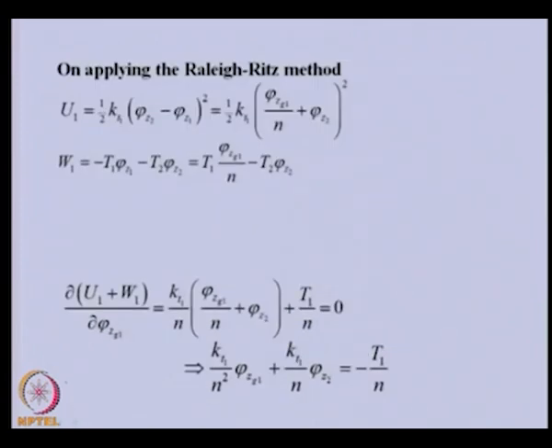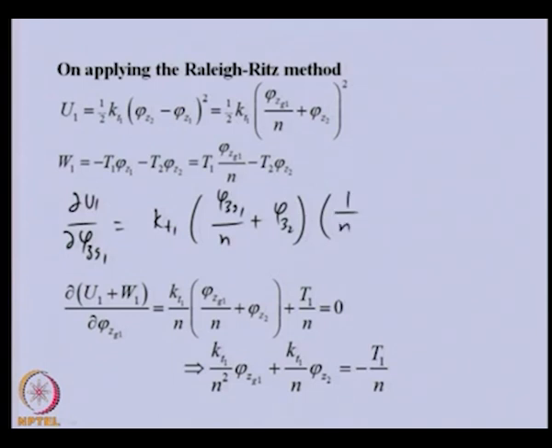So, now we have the energy stored in the system. Now, we can apply the Rayleigh-Ritz method. Basically, it minimizes these two energies. We are minimizing them first with respect to the angular displacement corresponding to gear 1. If we differentiate, del u1 by del phi z g1, the 2 will get cancelled and we get phi z g1 by n plus phi z2, and then we differentiate again to get this.